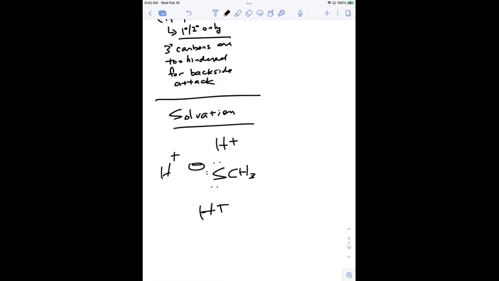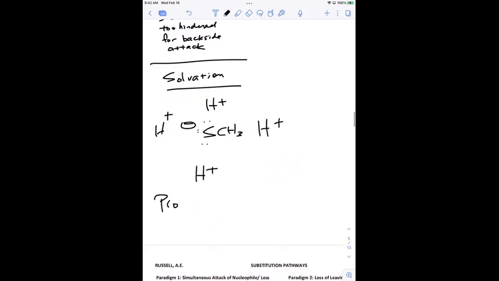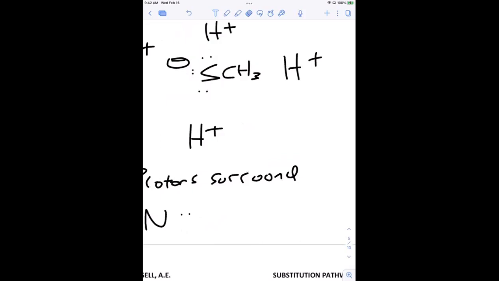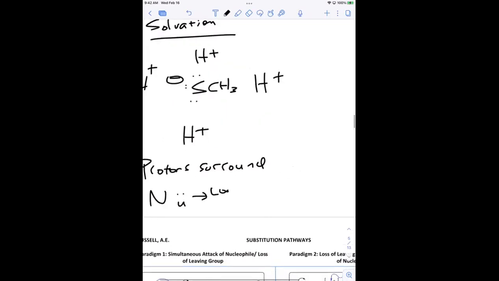It's almost like the protons make a cage around it. The protons surround your nucleophile, which is bad, because if the protons surround the nucleophile, they lower its energy. And it lowers reactivity.